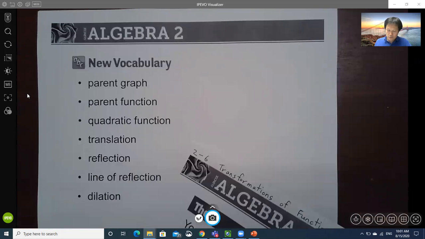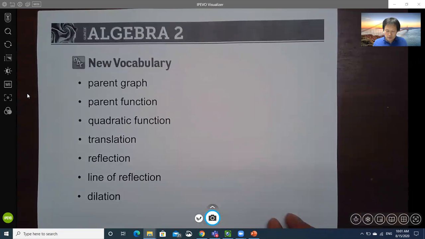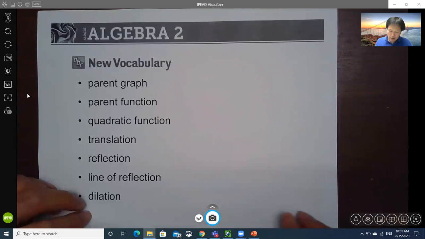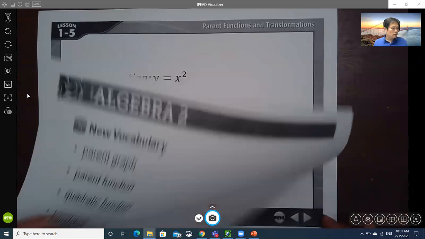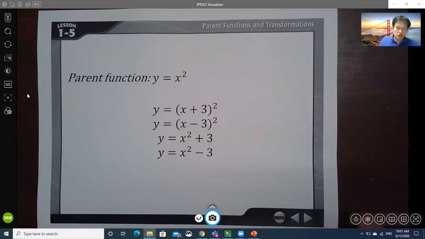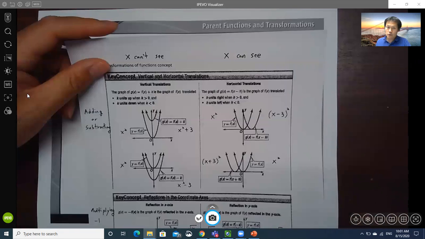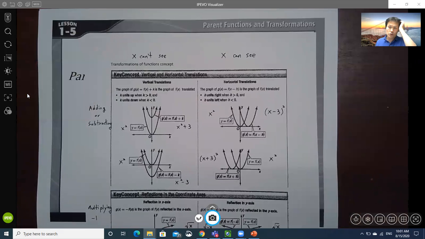Okay, first thing we're going to talk about is shifting, which we call the translation. I have this reference paper available on your Canvas, so you can print it out and take a look at it.